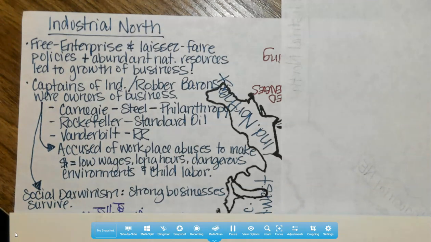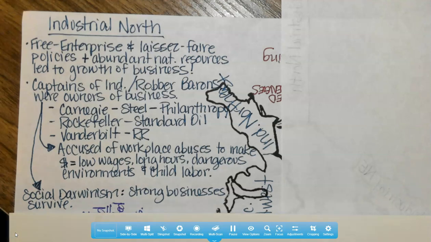If you don't, and if you're not willing to make all of the decisions that they are willing to make, sacrifice human dignity, don't really give your workers any rights or protection, well, as a company, you may not make it. Okay? So all of this is the industrial Northeast.